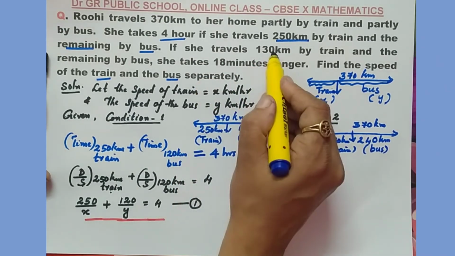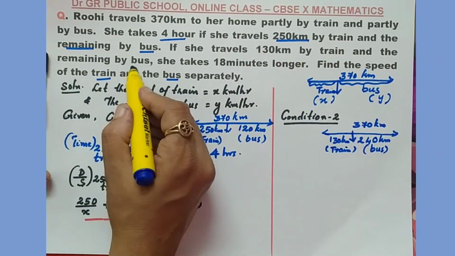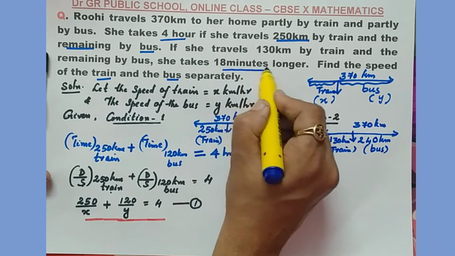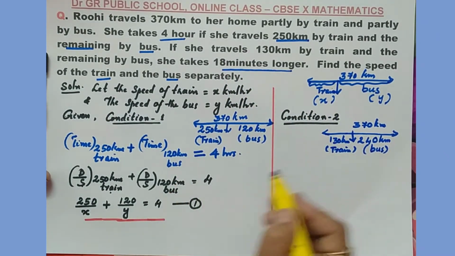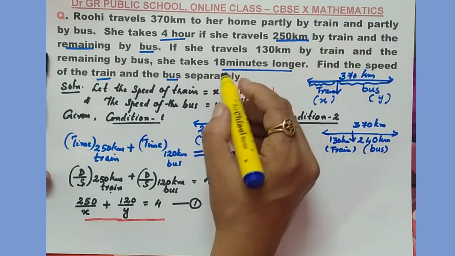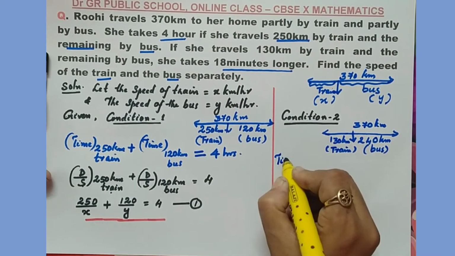By traveling 130 km by train and the remaining by bus, she takes 18 minutes longer. 18 minutes longer means that last time she took 4 hours, now it is 4 hours 18 minutes.